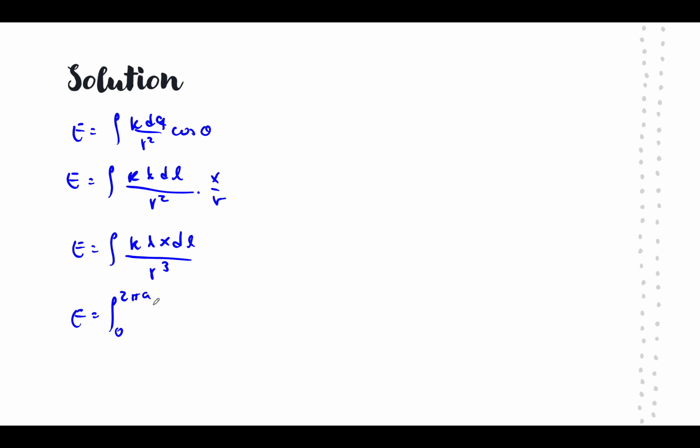of k delta x over r cubed, x squared plus a squared to the 1/2 cubed, dl, right? We take out our constants.